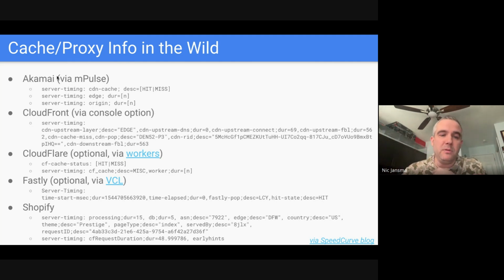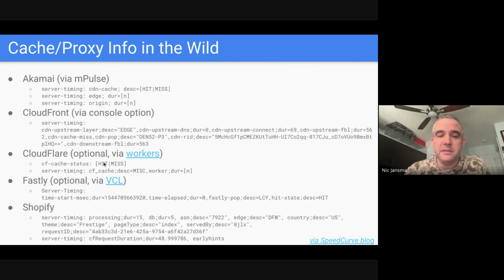As an example, Akamai, for my product, we do emit a CDN cache header of hit or miss. We also emit an edge and origin duration timer if you have these enabled via your property configuration. Similar things for CloudFront, with a lot more details around the POPs and stuff like that.